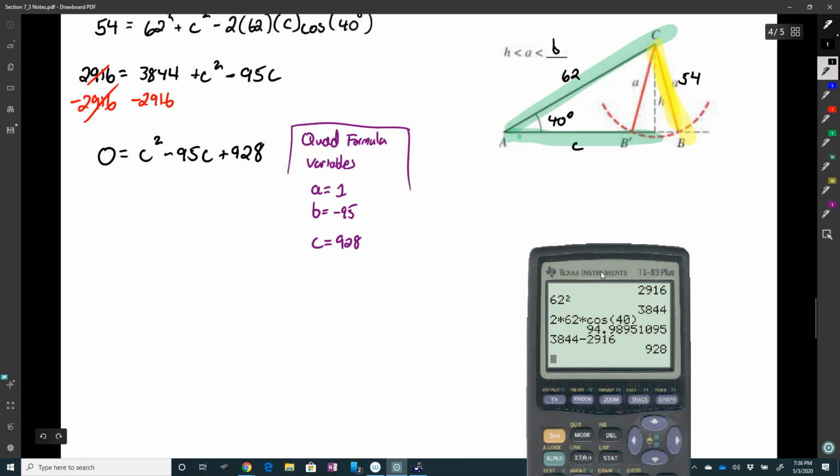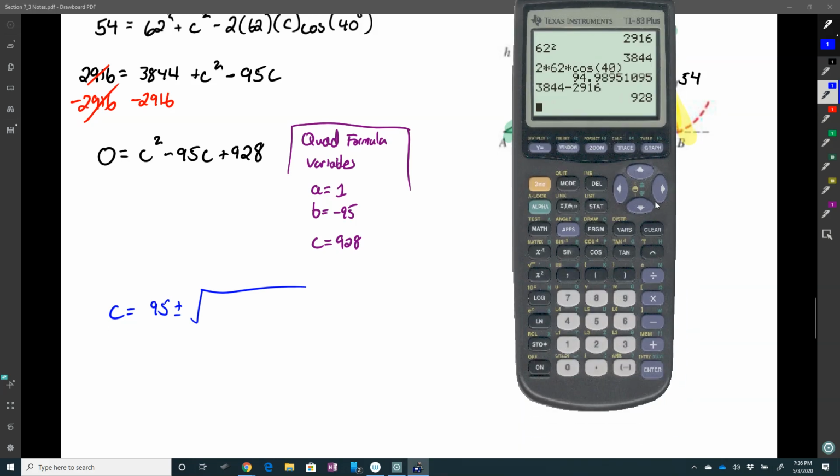All right. So c is equal to negative b, so 95, plus or minus the square root of b squared. When you're doing b squared, guys, parentheses negative 95 squared. Or don't even type in the negative. When you square it, you know it's going to be positive.